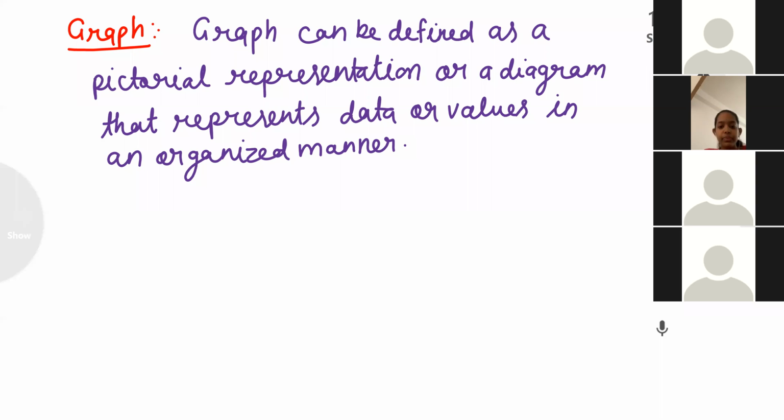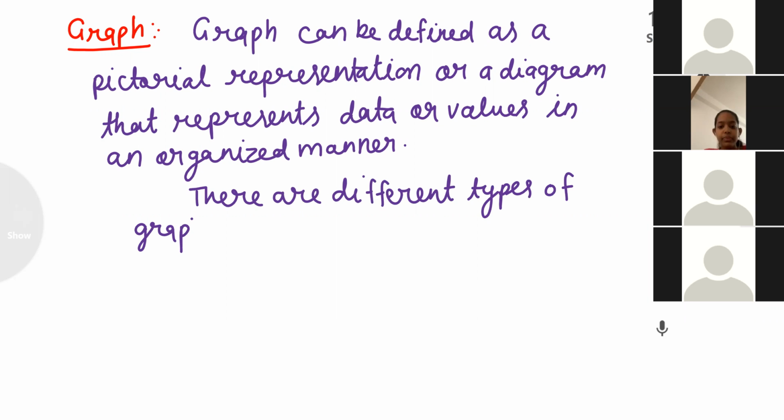There are different types of graphs. In your syllabus, there are only three graphs. First one is bar graphs.